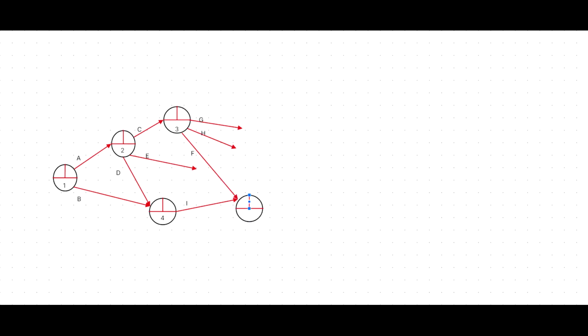When event number 5 is reached, then we start activity J. Then E inside there, better take the outside because we can't draw crossing arrows.